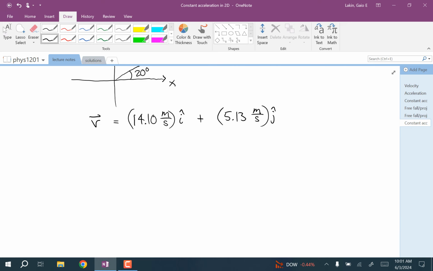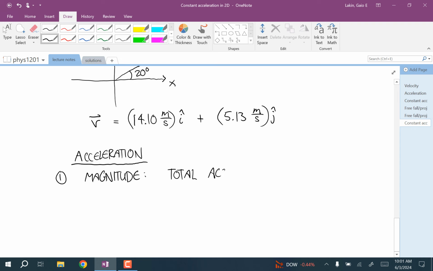And then the last one we need is acceleration. We're going to mostly be doing free fall and projectile motion problems, but the magnitude is just the absolute value, the magnitude of the total acceleration. The direction is the direction it's accelerating.